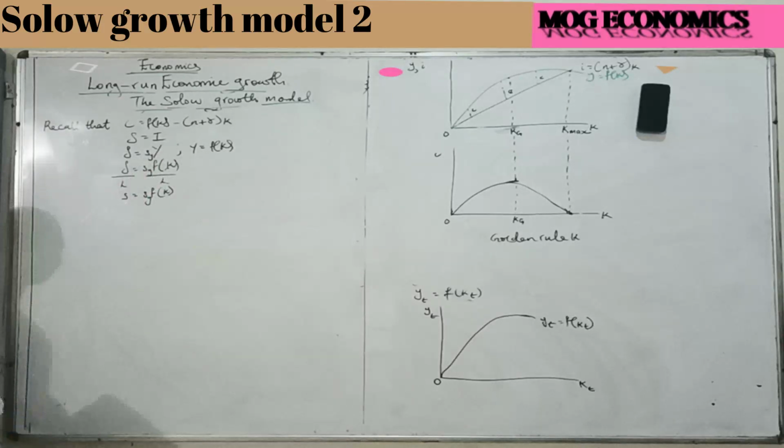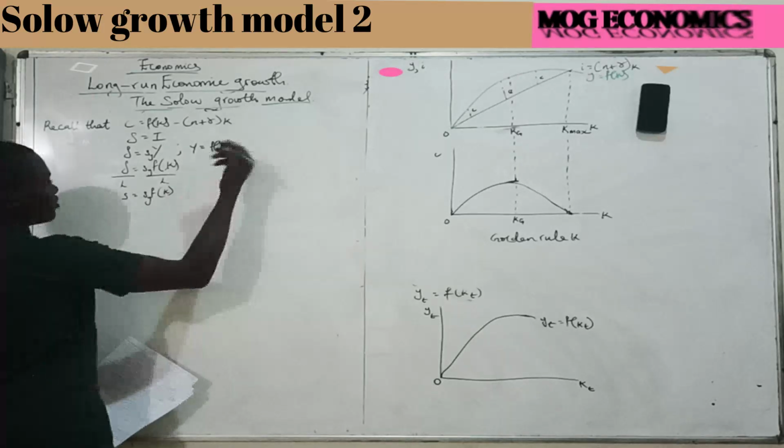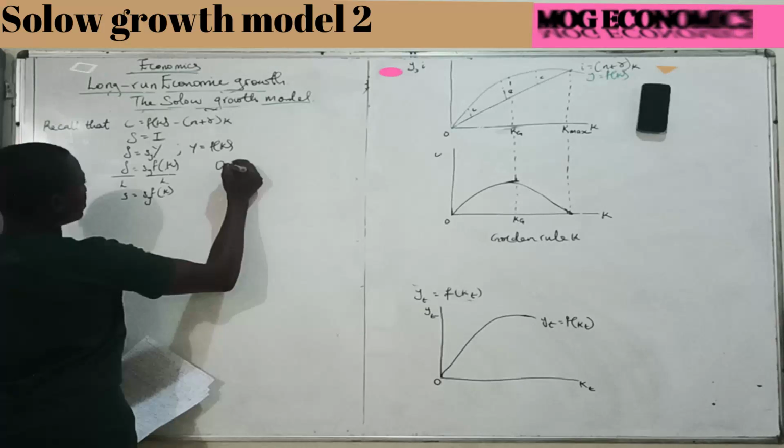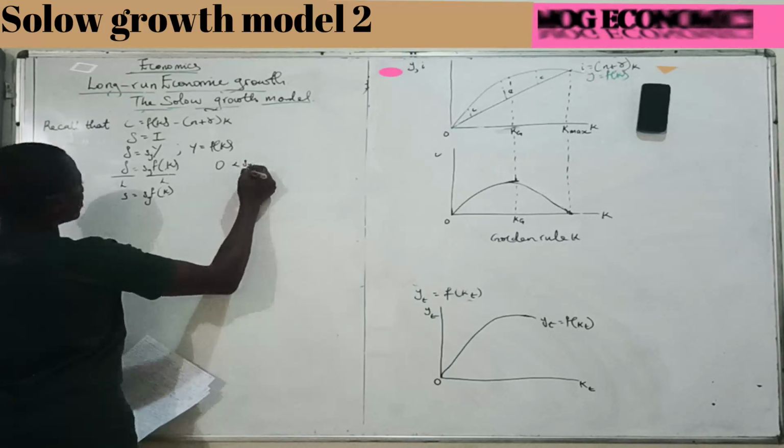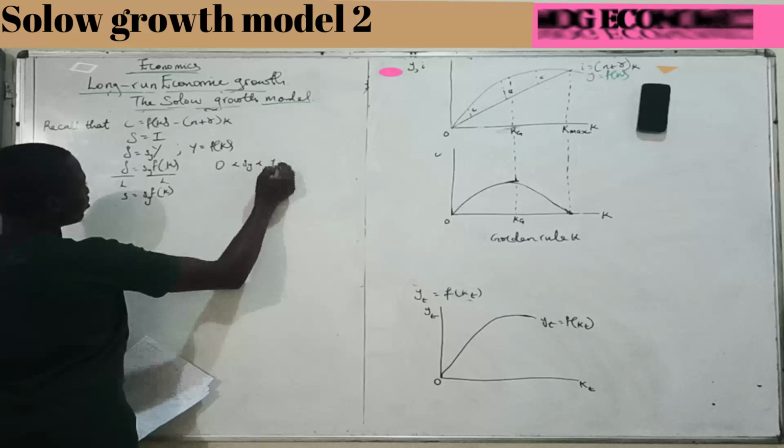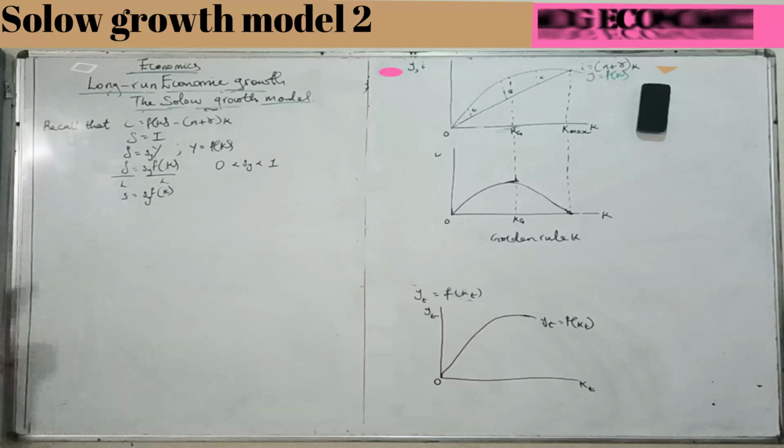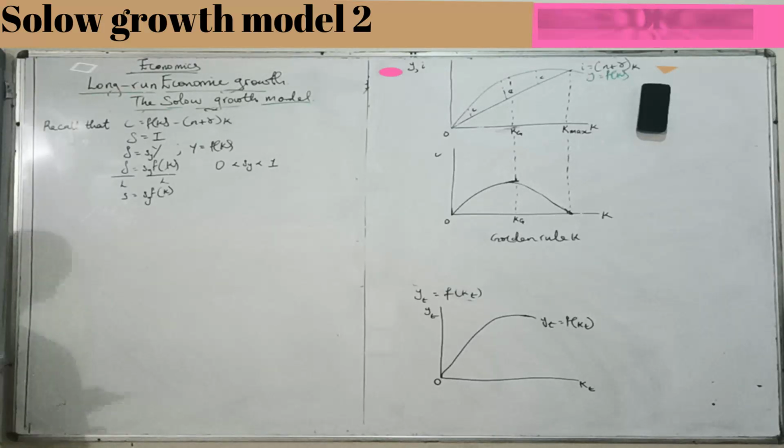So that's the saving rate, and we know from economic theory that it is greater than zero and lesser than one. Your sy is like your MPS. When you do it, that will be ds/dy instead of dy/ds: change in savings over change in income.